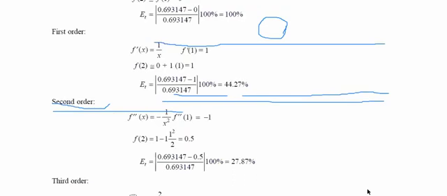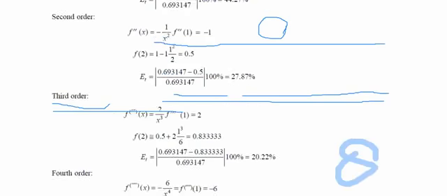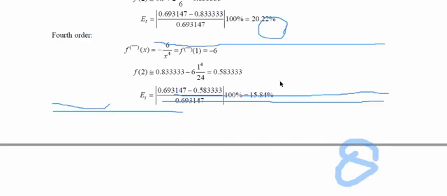And third, look at here, this one, the percentage is around 20%. Similarly, the fourth order is 15%. So how is the error going to reduce? If you remember, error is going to reduce.